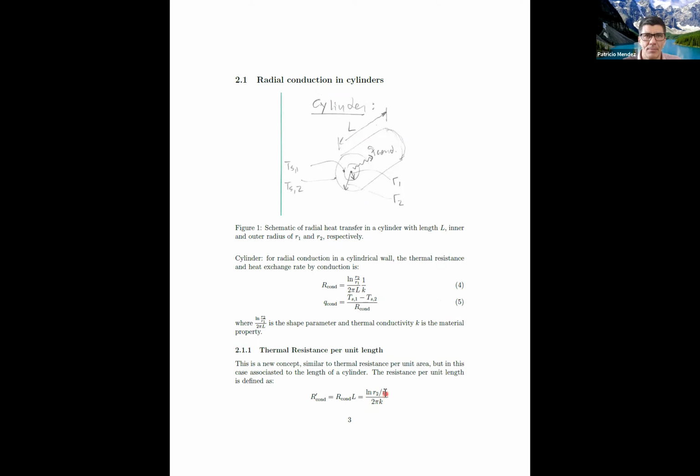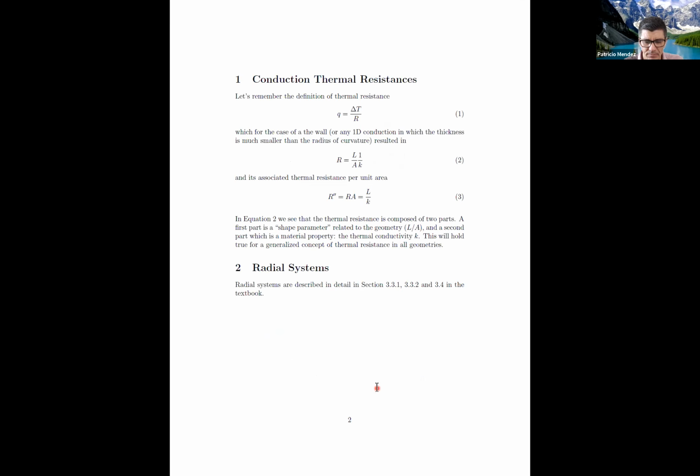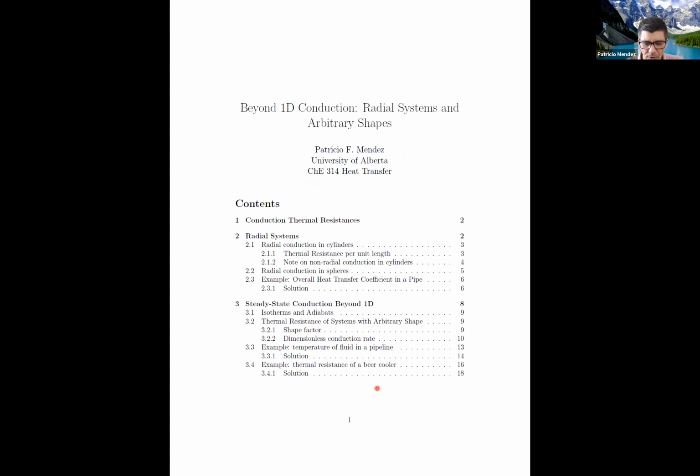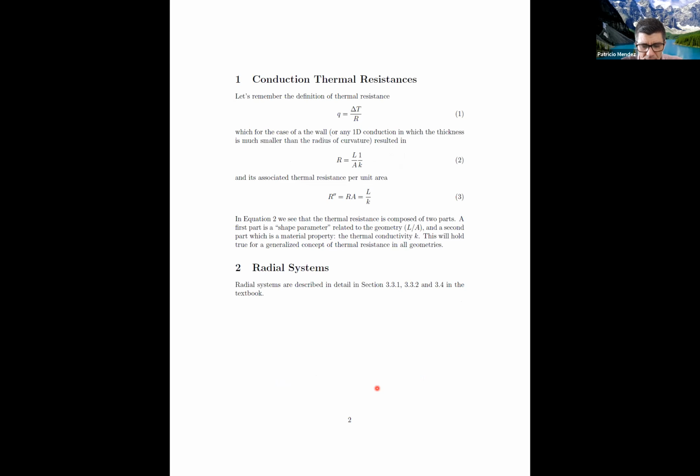That is a material property. Everything else is a property of the geometry. So similarly, if we looked at a wall, the wall we have k, that is the thermal conductivity, and this L over A that depended only on the geometry.